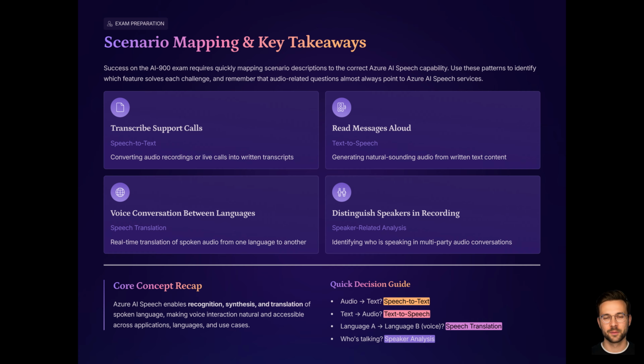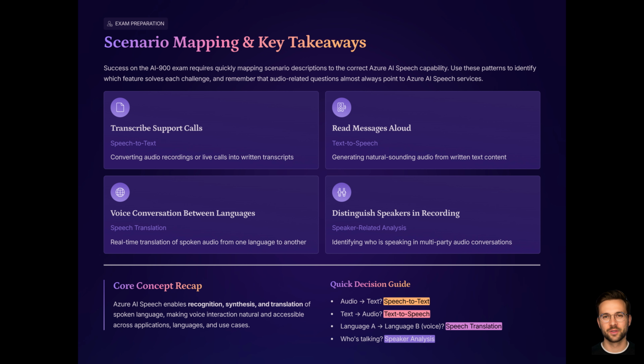Let's recap the main points from this lesson. Azure AI Speech focuses on spoken language and provides speech-to-text to convert audio into written text, text-to-speech to generate spoken audio from text, speech translation to convert speech from one language into another, and additional speaker-related concepts in some solutions, such as identifying who is speaking.